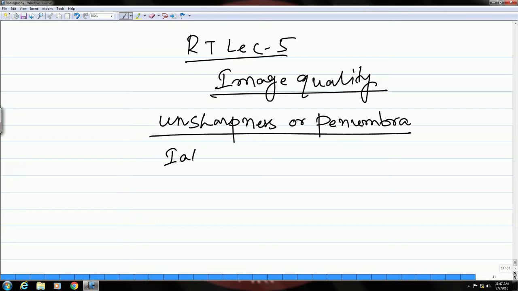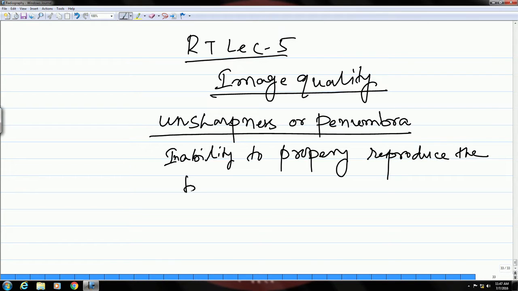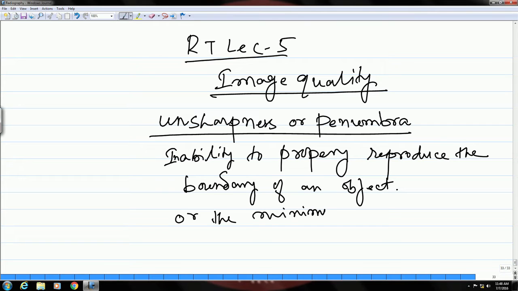So, this can be defined as the inability to properly reproduce the boundary of an object, or the minimum distance between two objects that can be resolved.